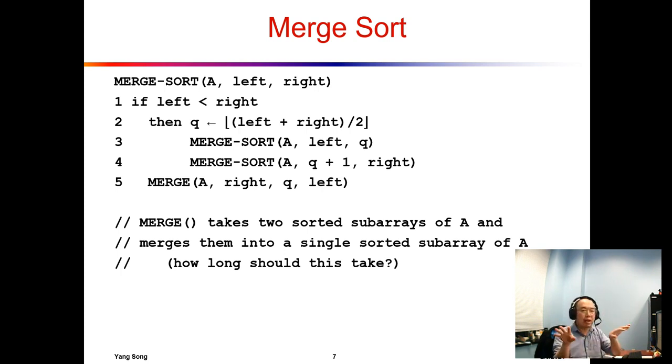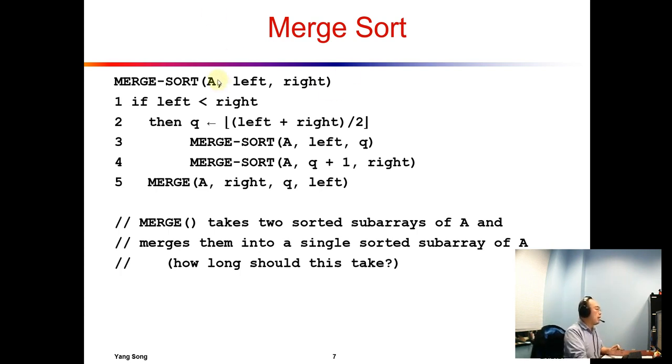First, we want to break all the values into one-value sublists. Then we want to merge the small lists together into a bigger merged sorted list. We keep doing so, and eventually we merge everything together into a big sorted list. This is the thinking. So let's see how the code is implemented.